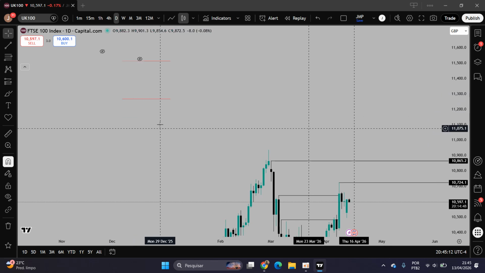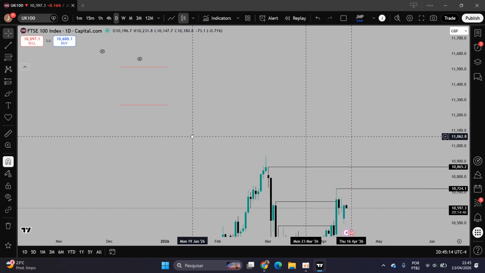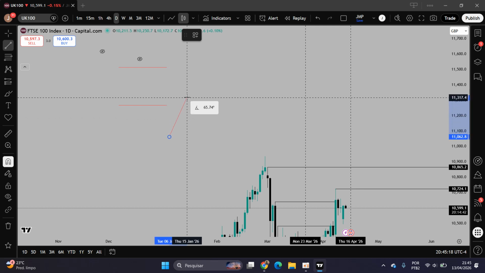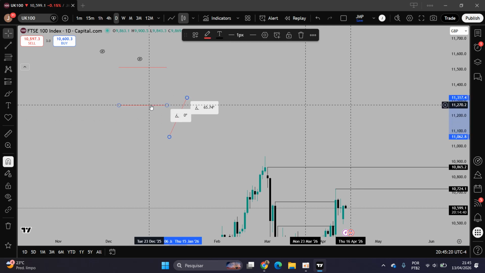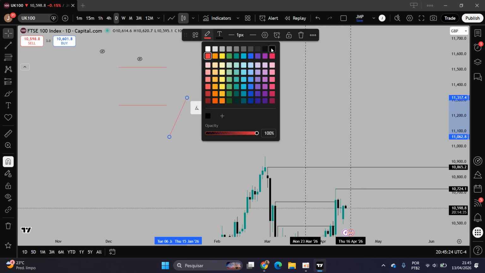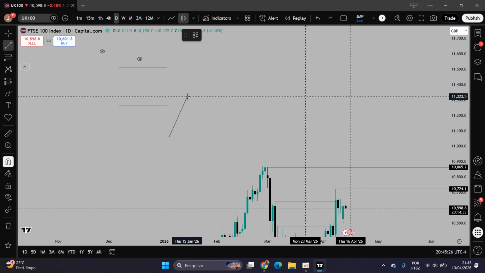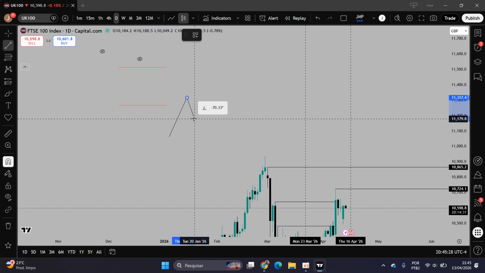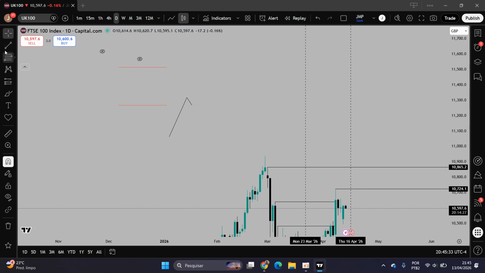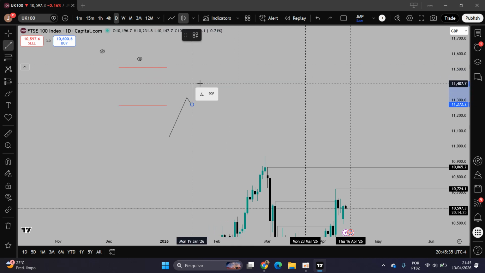Then price came down right here, then price pushed up through those sellers. And price, instead of having a bigger retraction, just does a little bit of retraction and keeps pumping.